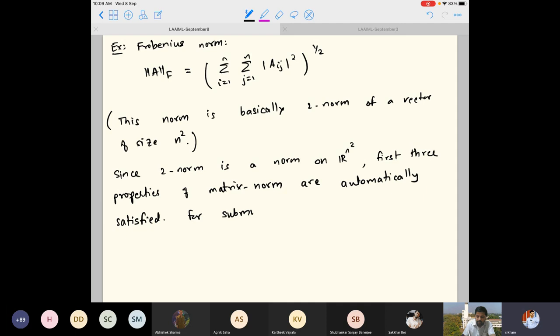For submultiplicativity, we use Cauchy-Schwarz inequality. Okay. So how do we use Cauchy-Schwarz inequality?